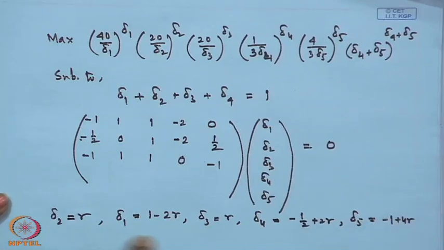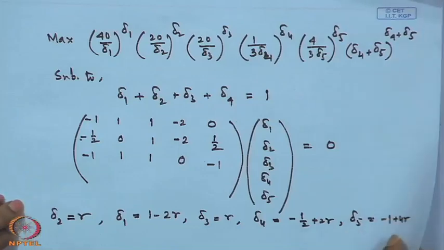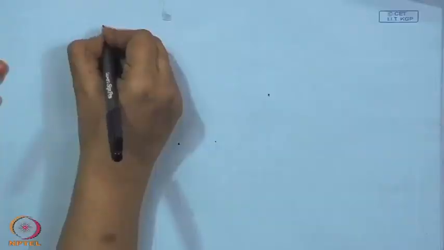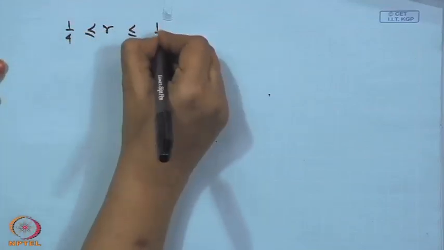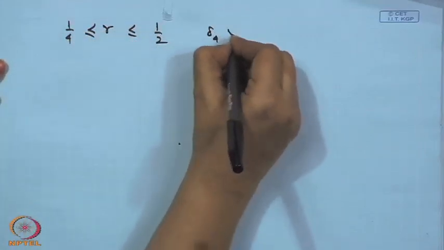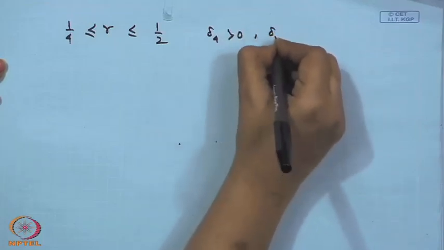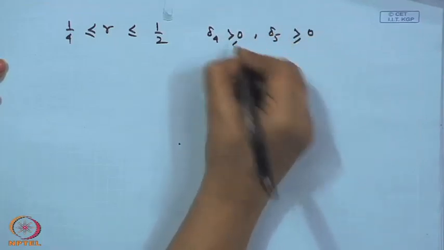Alright. Once we are doing so, by passing the value, if we just pass a value for r here, we will get a set of deltas, and we could see that from this constraint, since deltas are all positive, we can have the limit for r as 1 by 4 and half, because delta 4 is greater than 0, delta 5 is also greater than or equal to 0.